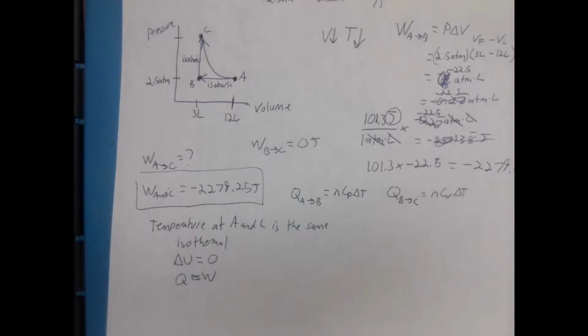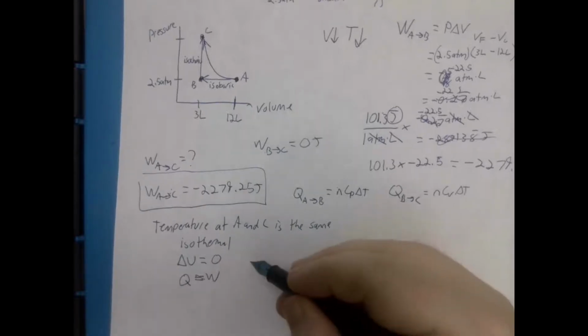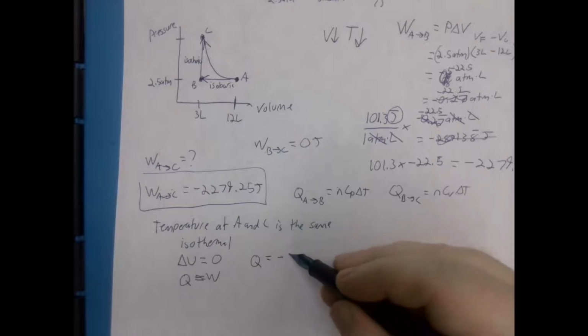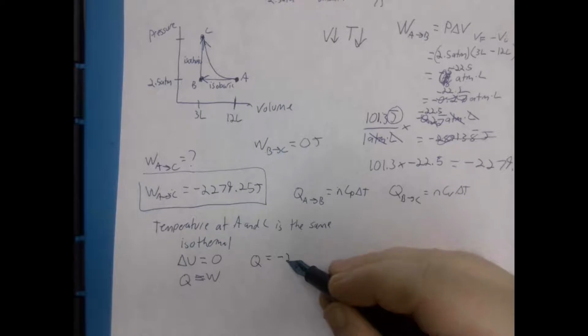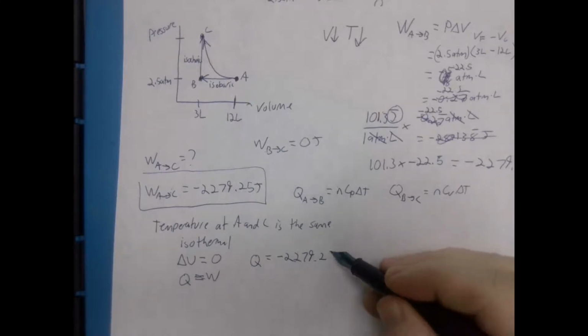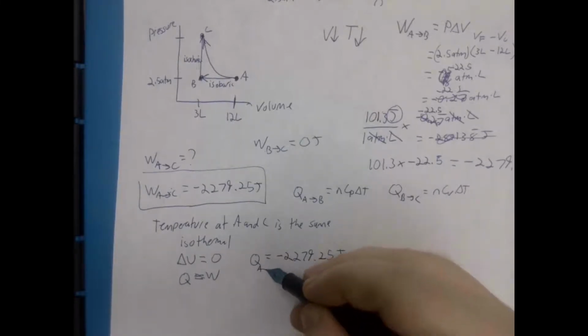Is it just work or is it negative work? So that means that the heat added to the system must be negative 2,279.25 joules when going from A to C.